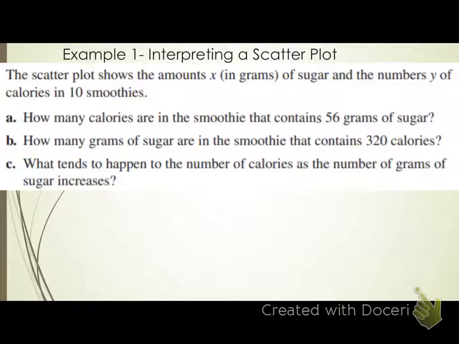Letter A. How many calories are in the smoothie that contains 56 grams of sugar? How do you think I'm going to approach this? Look at the graph.